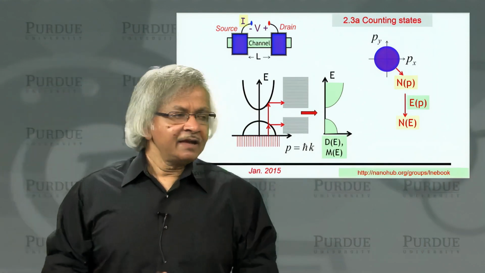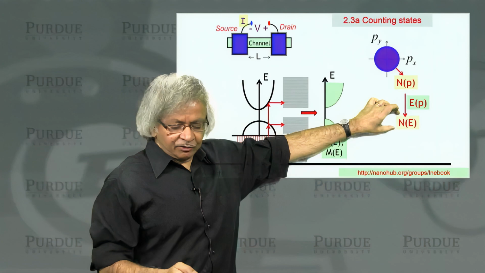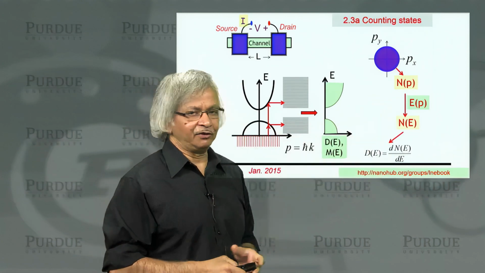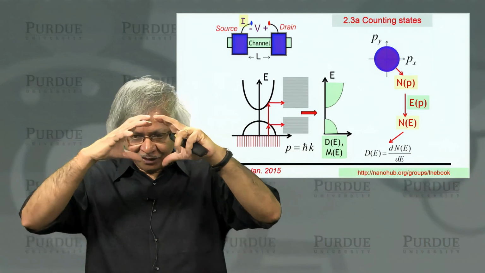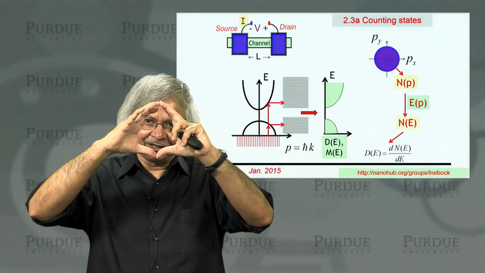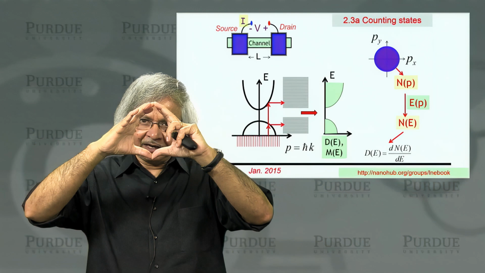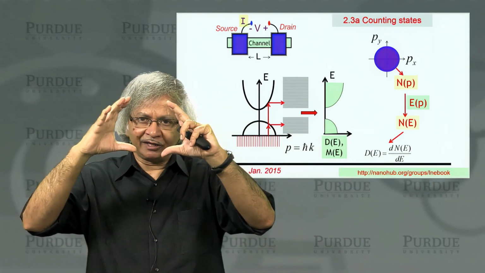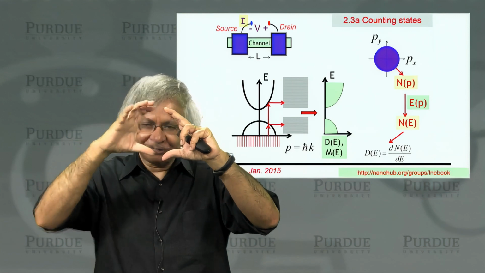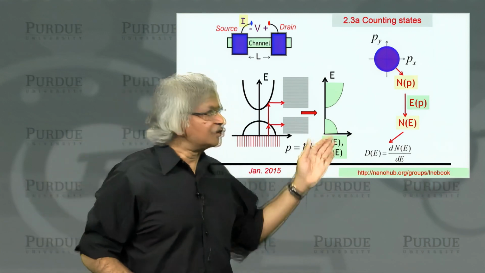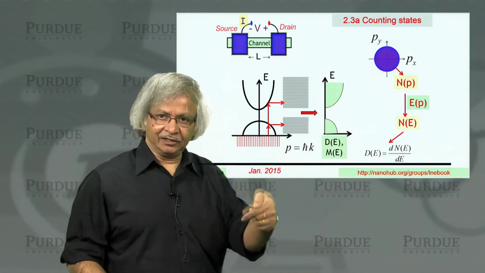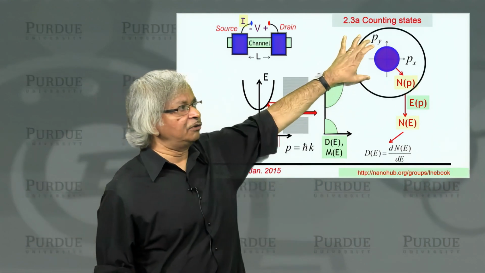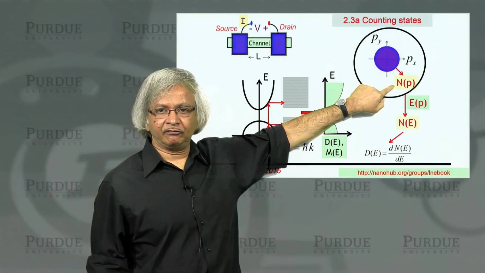And from that you can deduce the density of states. Density of states is like the derivative of that, in the sense that n tells you all the states up to a given energy E. And then we ask, if I increase this energy a little bit, how many extra states do I get? That tells you the density of states at that energy. This is what we'll be doing later in the subsequent lectures. Right now, this lecture is entirely about finding that function n of P.